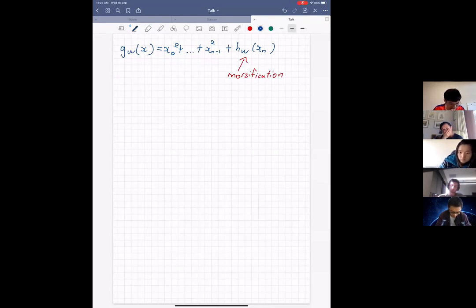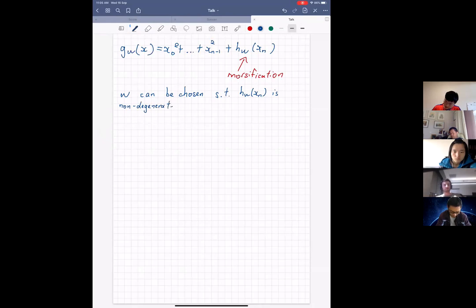And then what else? Okay, let me tell you a fact first. This W can be chosen such that the Hessian of W at the critical points is non-degenerate, and then form this that Brian said just now.